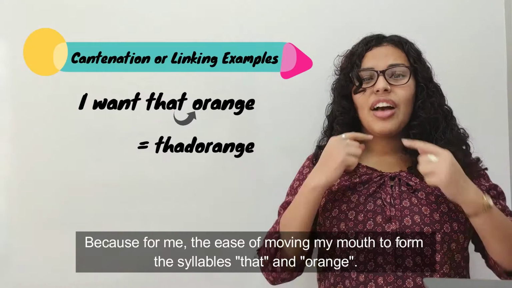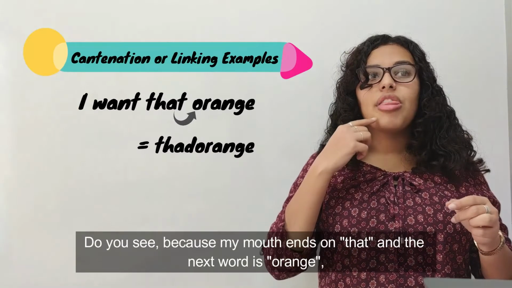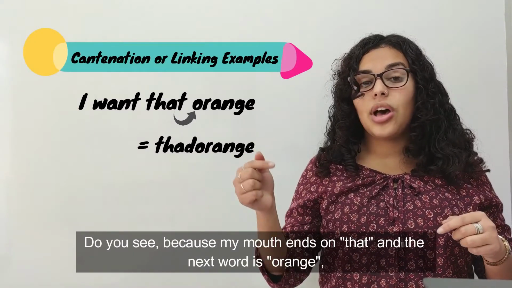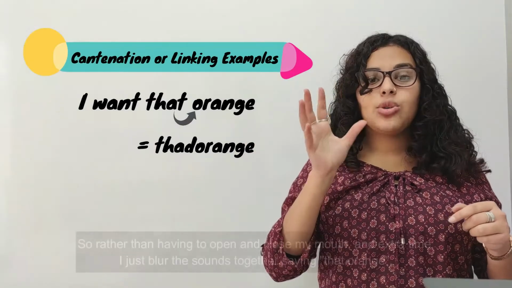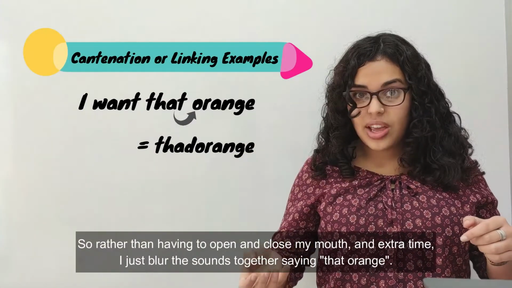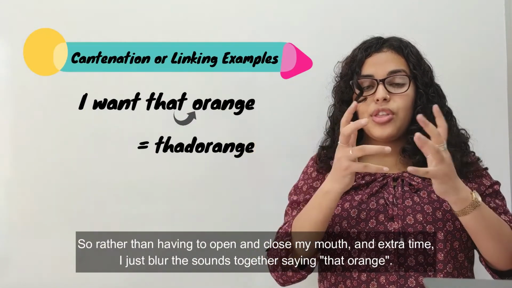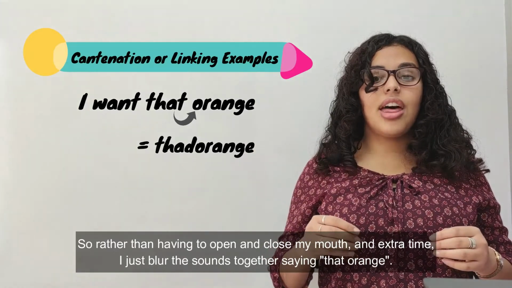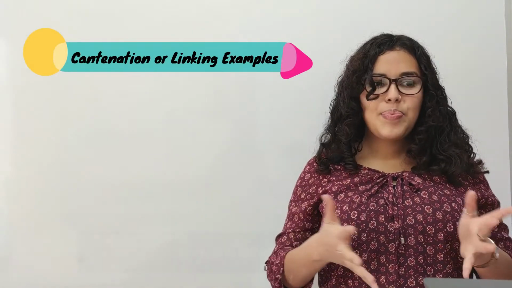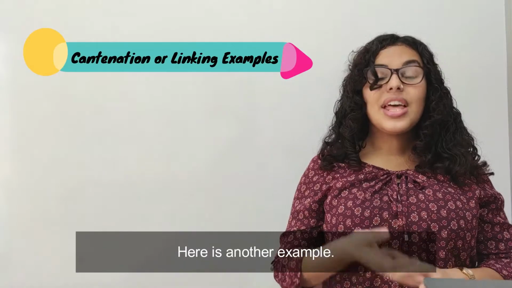That orange. Do you see? Because my mouth ends on a that, and then the next word is orange. So rather than having to open and close my mouth an extra time, I just blur the sounds together, saying that orange.